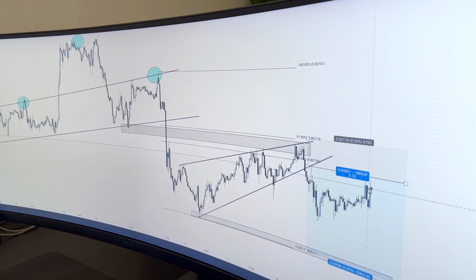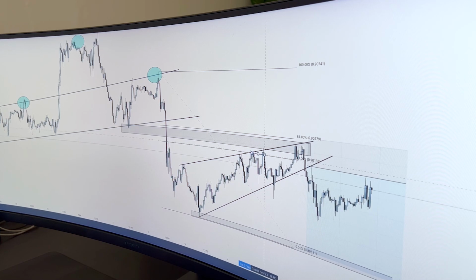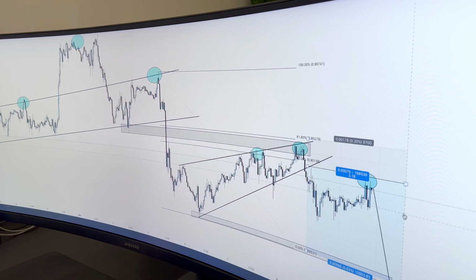If we do form some kind of pattern here where we move to the downside, we might see a head and shoulders pattern here. It could be taking place. If I just highlight this, we might be forming something like this, a mini version of a head and shoulders pattern. And then we might see something from here move to the downside. So we'll see what happens. But for this video, this is a break-even trade. GBPJPY was a winning trade. All in all, both very good trades.